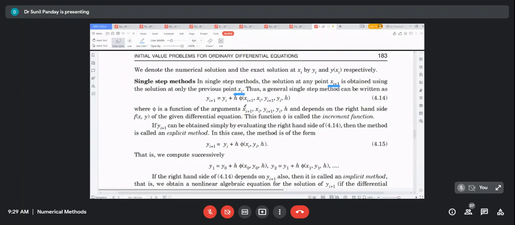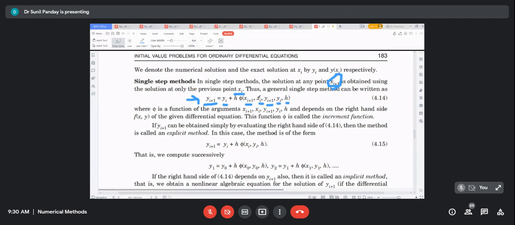You are familiar with the notation: y suffix i plus 1 means the value of y at the point xi plus 1. This can be calculated by yi plus h times phi of xi, yi and h.